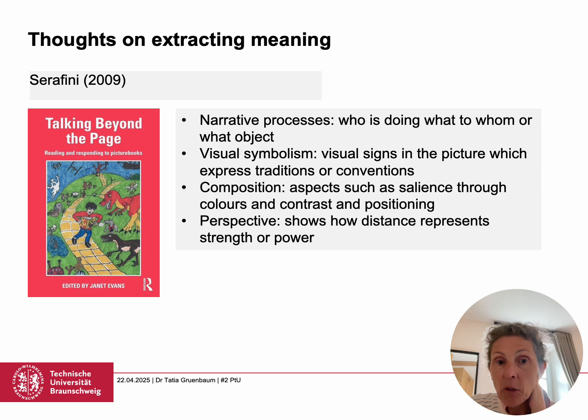And with that, we are looking at aspects such as salience through colors and contrast, and positioning of the different elements that you can find on the illustration or that create the image. Perspective, that's really interesting. With perspective, we are looking at the distance, and that can represent strength and power. Very important. We will be getting back to distance.